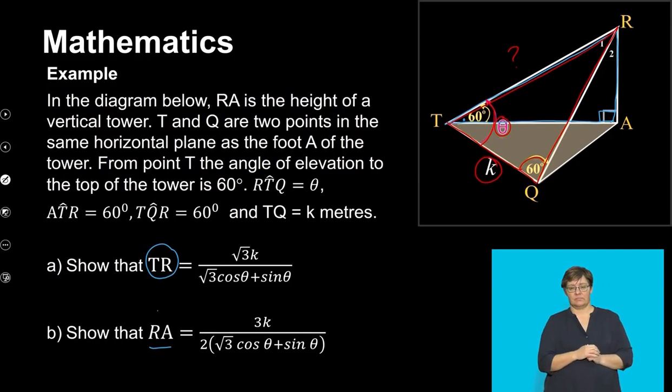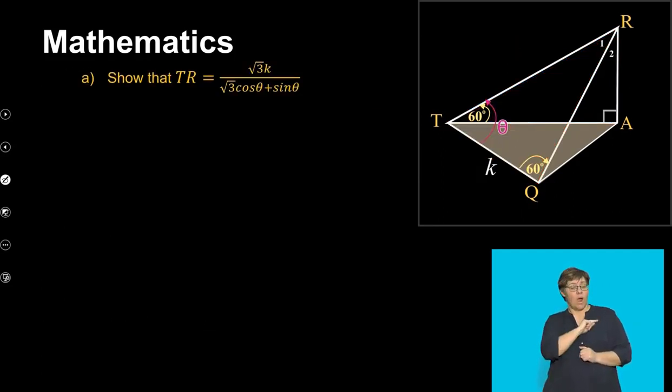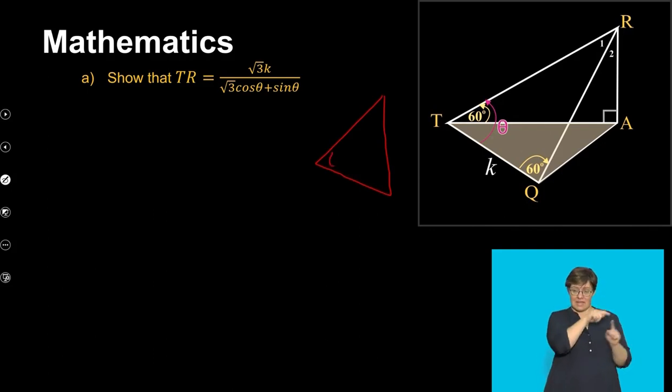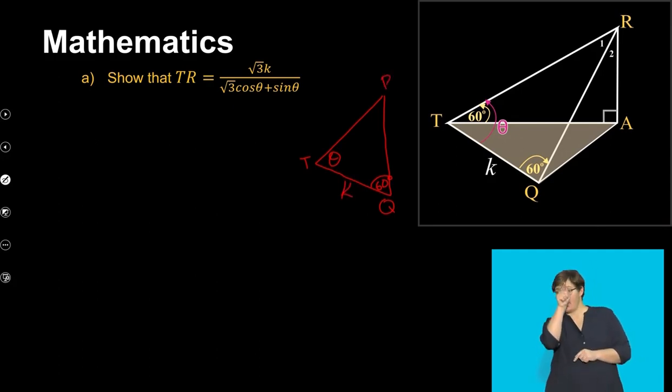Let's look at it again. Because we're using the inclined triangle to find TR, remember the inclined triangle looks like this. We've got theta here at T, and we've got 60 degrees at this point, and this is equal to K, and we're trying to find TR.